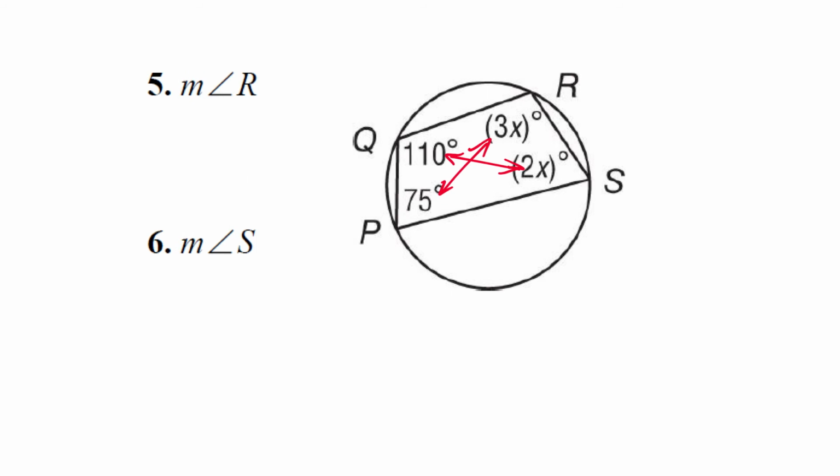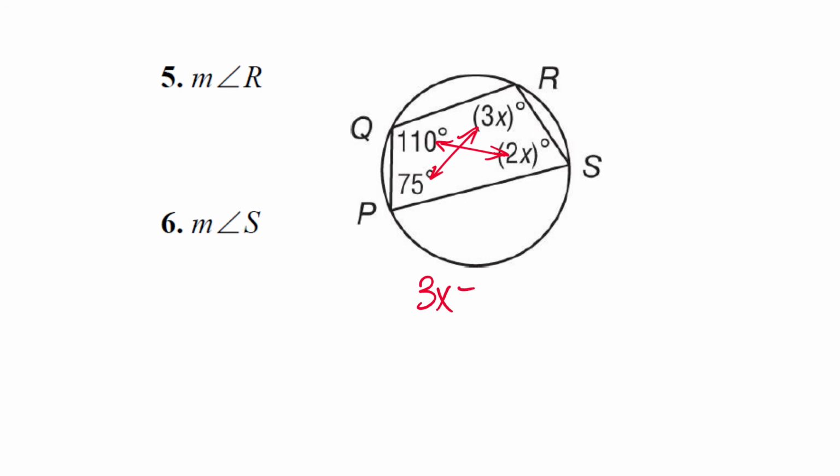Okay, so we can set that up however, but actually that's not the way they did that. I did not write this problem, but if you set up like this, okay, no, I'm thinking wrong. Okay, so we're going to go 3x plus 75 equals 180.